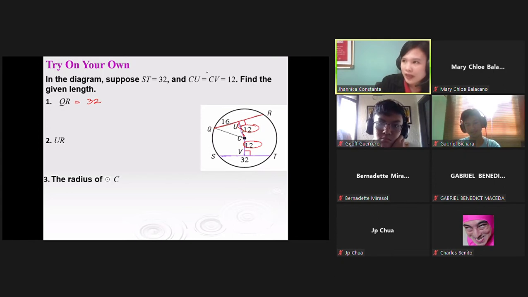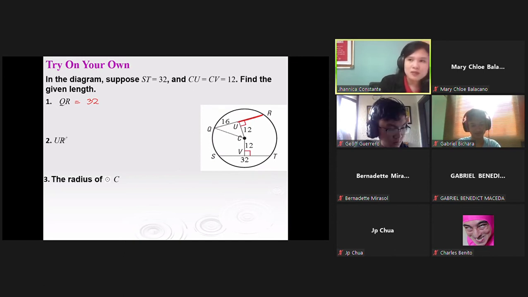So we need to find the measurement of our line segment UR in our circle. So line segment UR. So if line segment QU is equal to 16, so kapag hinati natin yung chord into half, you will be having the same measurement.